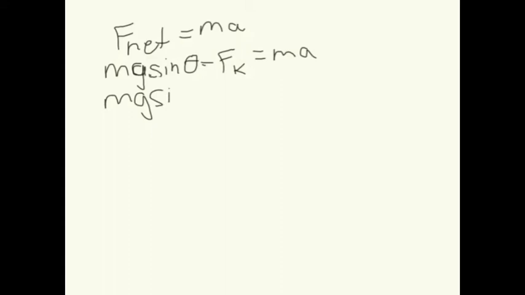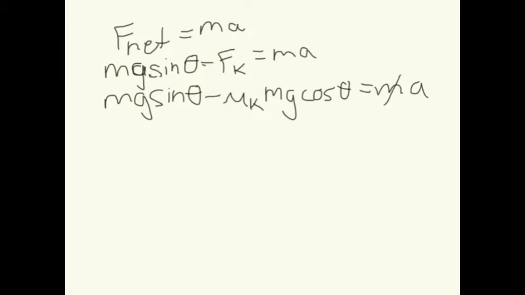But just to avoid another step, the normal force is, as we went over earlier, mg cosine of theta. So minus mu sub k mg cosine theta equals ma. And then from there we can cross out our three m's.